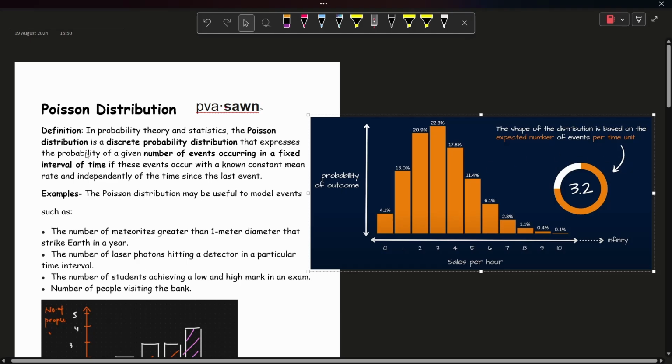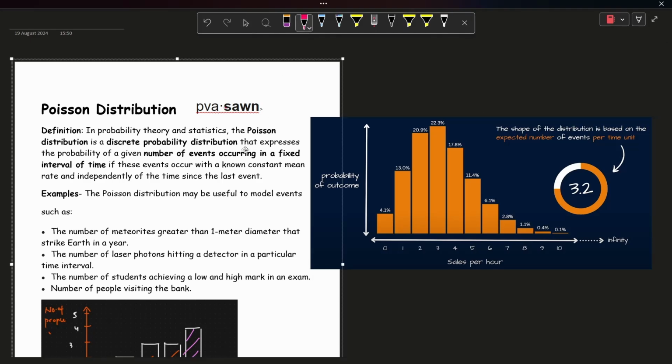It has a discrete random variable, and this distribution is a discrete probability distribution that has a various number of events occurring in a given fixed interval of time. So in a given time there will be a series of events occurring that follows this Poisson distribution.